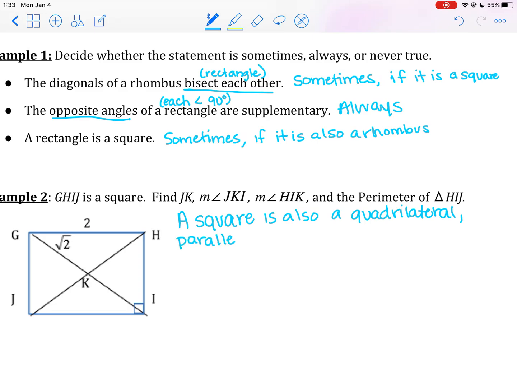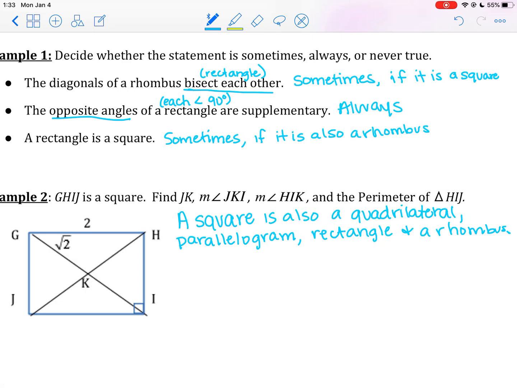It's a parallelogram, because all of these special shapes we're talking about today are special parallelograms. It is a rectangle and a rhombus. So a square fits all of these different things. We can use properties of any of these previous shapes to find these angles that we need.